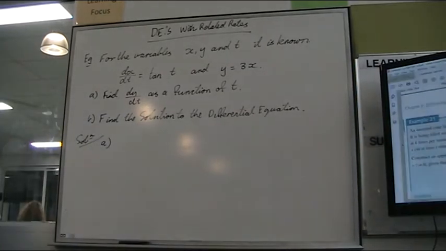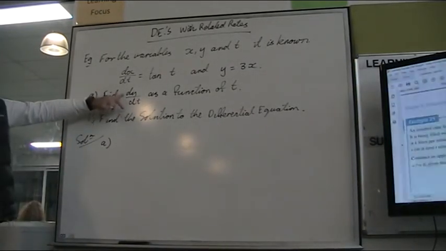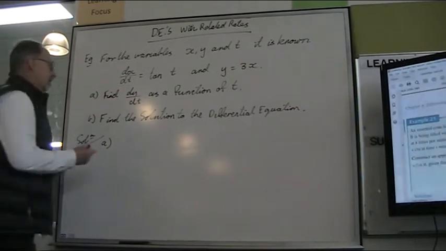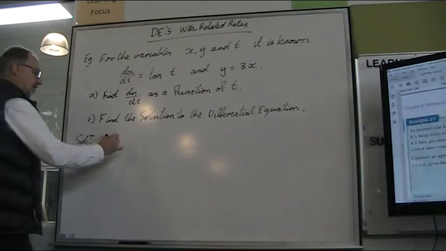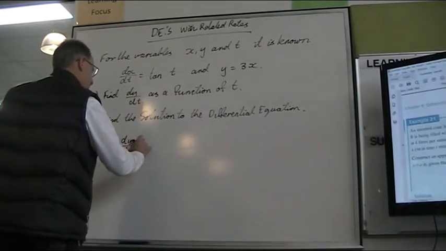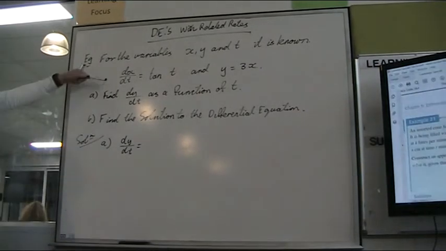Part A, it's asking us to find dy/dt, and what we have been given is dx/dt.